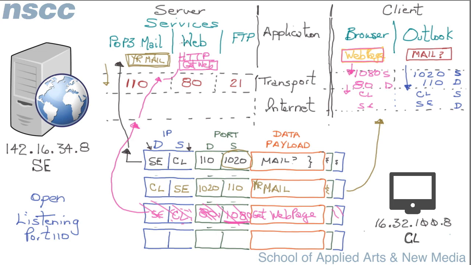This server sends back a response. It's going to send back the web page. So this is the actual web page that gets sent back as data. Since the source port for the request was 1080, the destination port is going to be 1080.